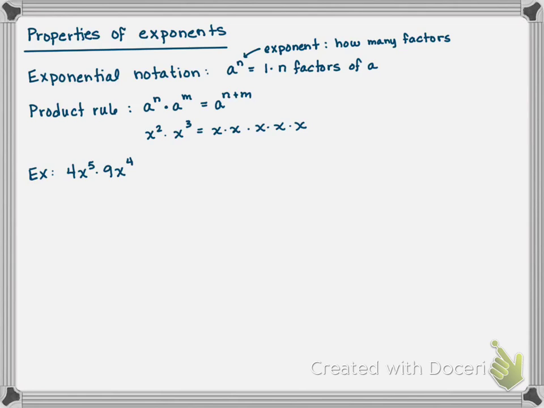One thing that can be a little bit tricky about the expressions we're going to simplify in this section is that there are so many different ways of writing multiplication. We could put it in parentheses, we can put a dot between it, and sometimes we just smush two things together and call it multiplication. So it looks like we're multiplying 2 things here, but really we're multiplying 4 separate factors. This is really 4 times x to the 5th times 9 times x to the 4th.